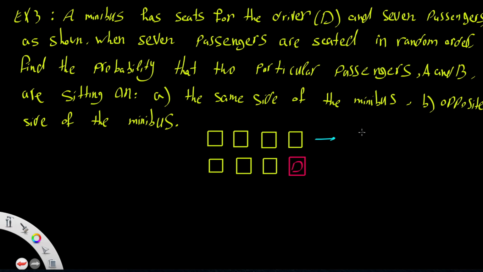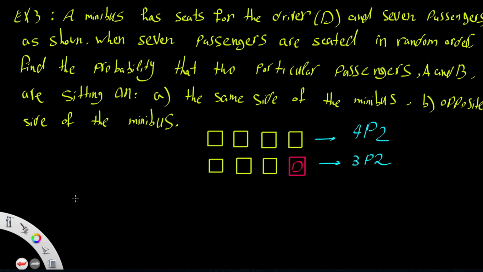It would be 4, which is the total number of seats available, and 2 of them are going to be occupied, so it would be 4P2. But if the 2 particular passengers are going to sit on this row, this side, as one seat is already occupied by the driver, there are just 3 possibilities, so it would be 3P2.